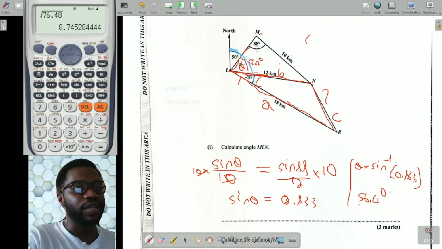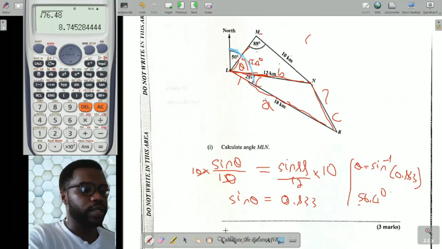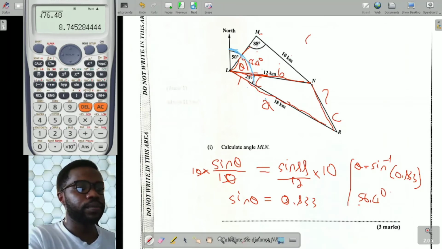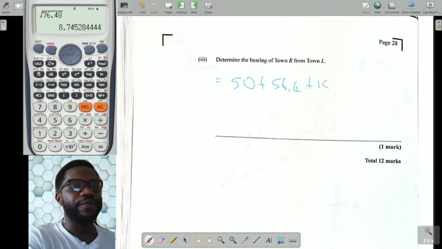So it's 50 degrees, 56.4 degrees, and 25 degrees. All I have to do is add up all that and it's going to tell me where R is with respect to L. So 50 plus 56.4 plus 25.